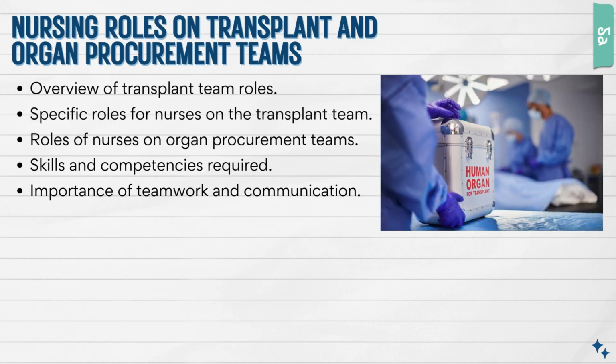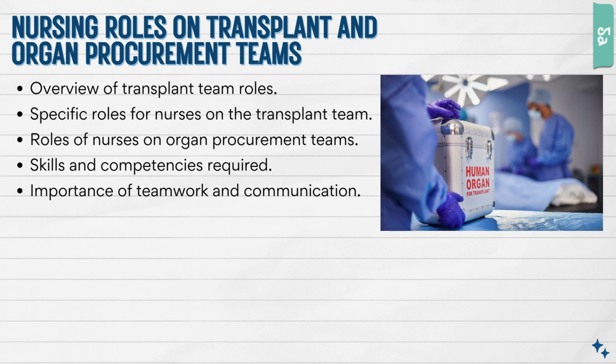Okay, so nurses play a critical role in both the transplant and the organ procurement teams, each requiring specific skills and responsibilities. On the transplant teams, nurses are involved in pre-op, intraoperative, and postoperative care, providing comprehensive support to both the recipients and the donors throughout the journey.